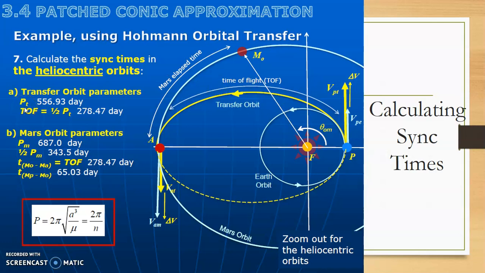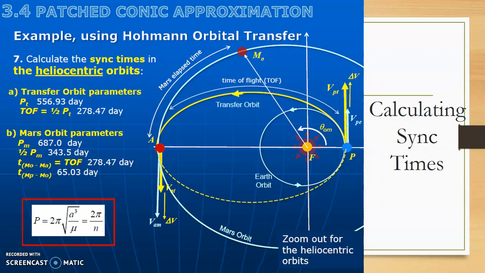So here we have the transfer orbit parameter of period, which is 556.93 days, and we have the TOF. TOF is time of flight, equal to half of the period, and we also have the Mars orbit parameters of PM, or Mars period, and half period of Mars.